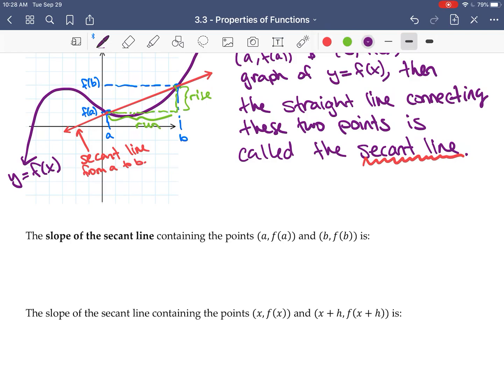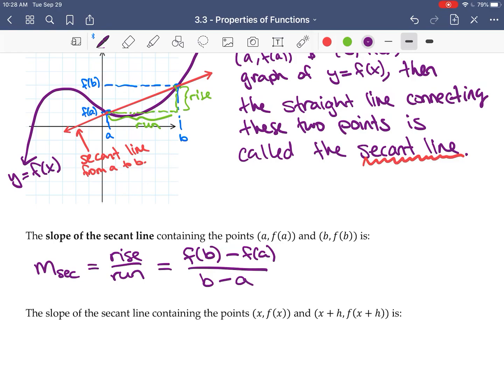Okay, so the slope, I'm going to call it m sec, because it's the slope of the secant line, is always the rise over the run. So here is the difference in the y values. So that's going to be f of b minus f of a over the difference in the x values, which is b minus a.